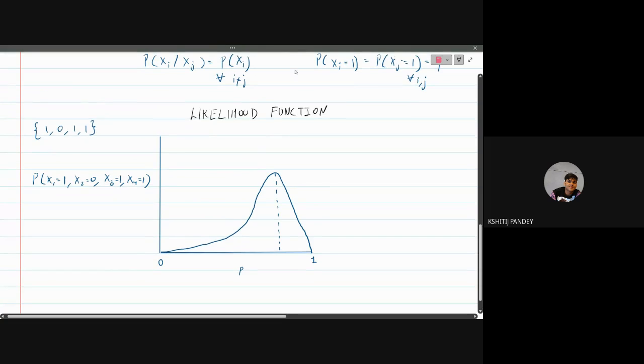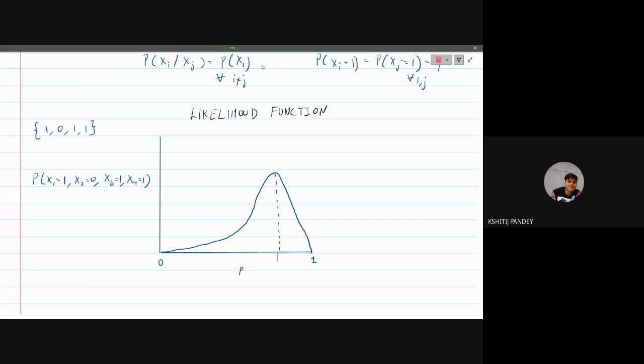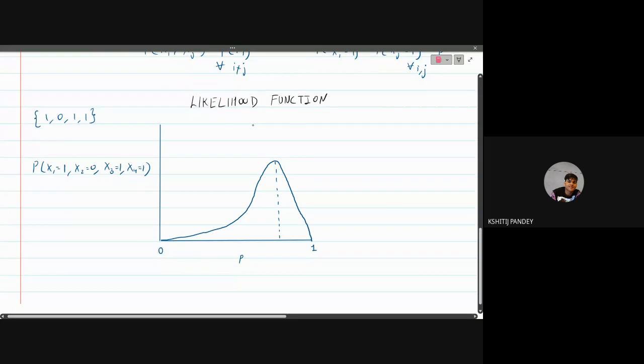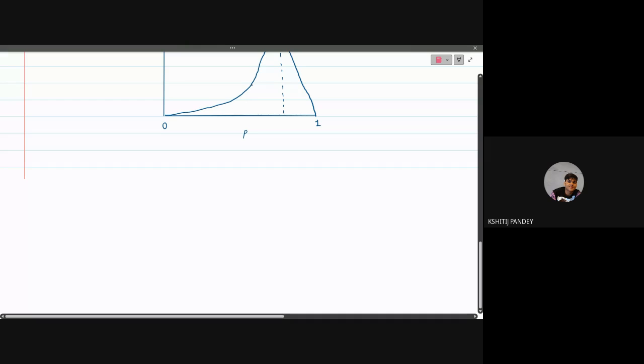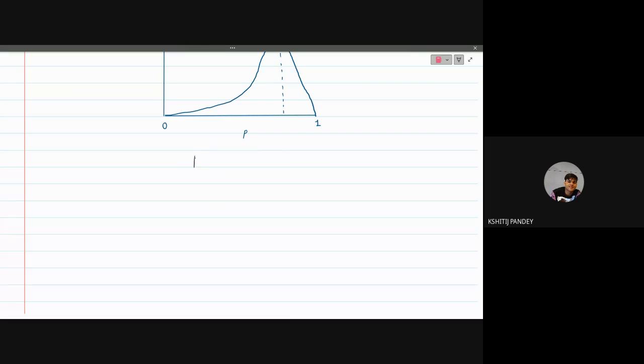So here for this, we'll be using maximum likelihood estimation.